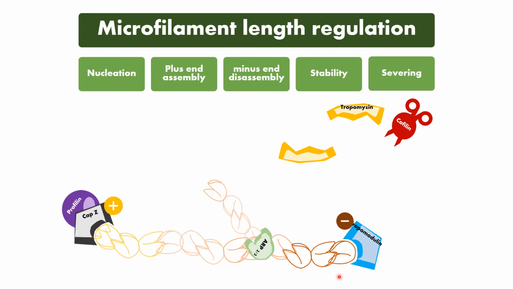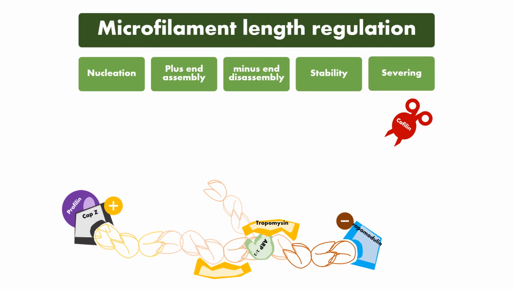We have also the stability of this microfilament by the attachment of tropomyosin, for example, and it will just attach to the sides and cause the stability of this filament, and you will find it in many types of cells.